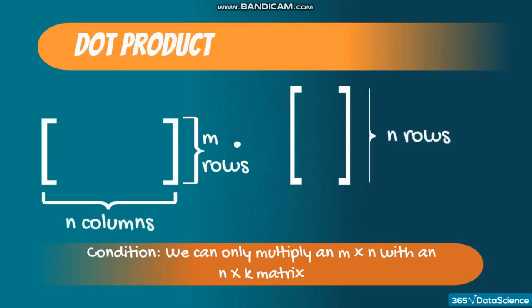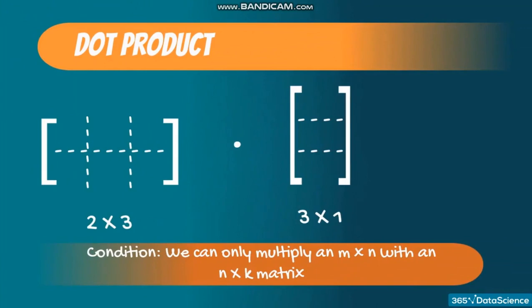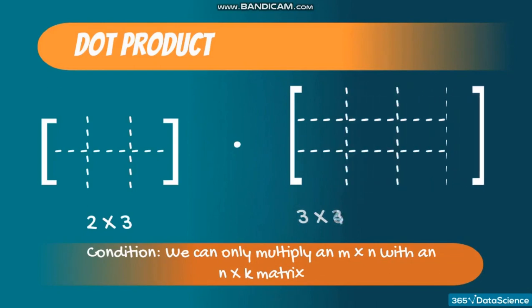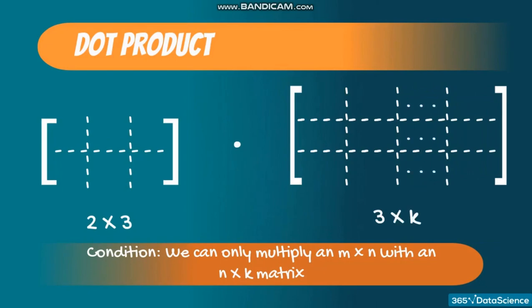Basically, the second dimension of the first matrix has to match the first dimension of the second matrix. So, we can multiply a 2 by 3 matrix with a 3 by 1 matrix. Actually, we can multiply it by a 3 by 2, 3 by 3, 3 by 4, and so on until a 3 by k matrix. What's important is that those 3's are matching.